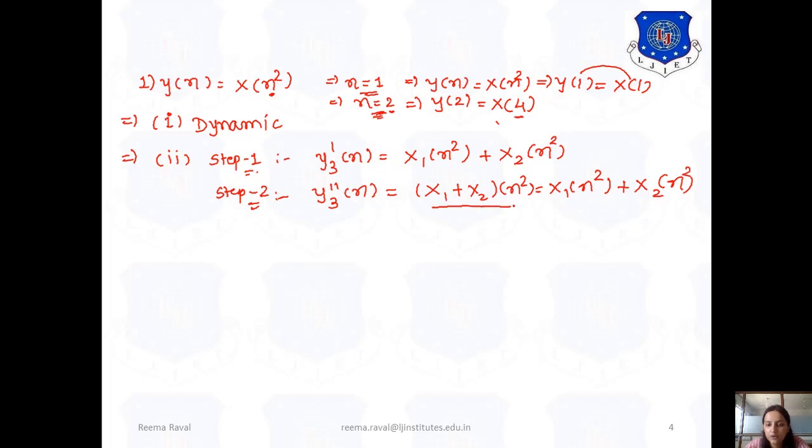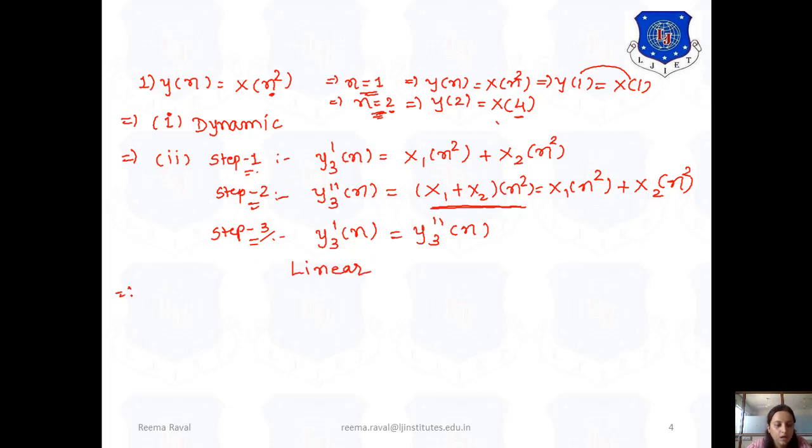This is for understanding purpose, otherwise it is to be written in the form of function only. So step 3 is comparing these two, that means y3 dash of n equals y3 double dash of n. As you can see, both are equal, so we can say that the system is a linear system.